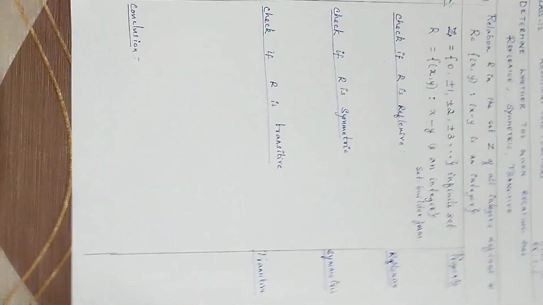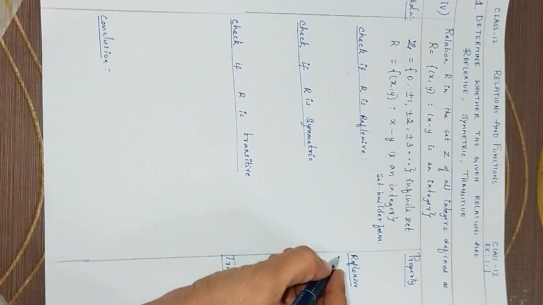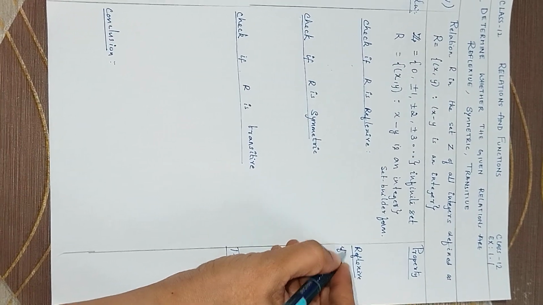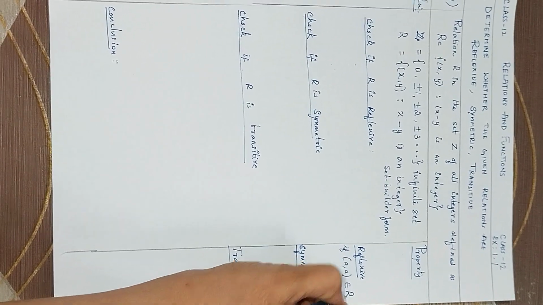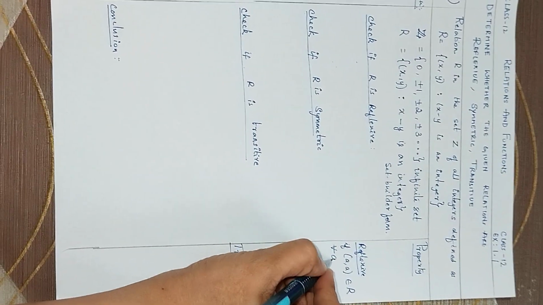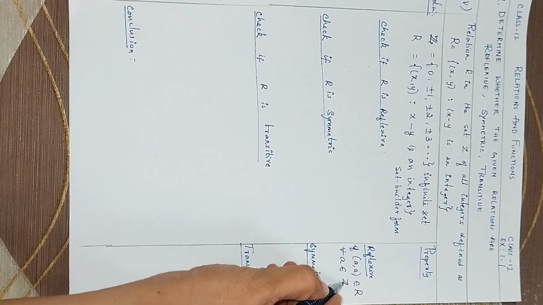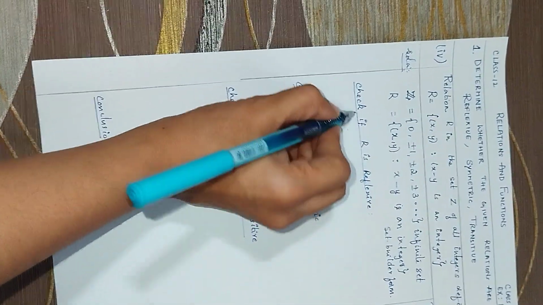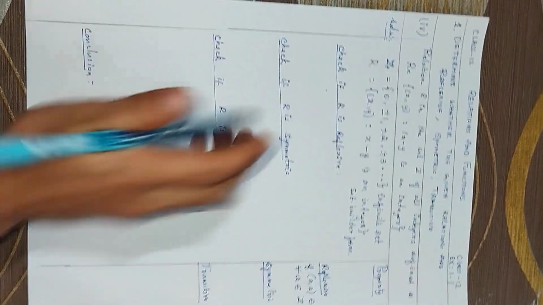Okay, so what is a reflexive relation? How do we define it? If A comma A belongs to R for all A belonging to, what is the given set here? Integers, right? Now here let us check if R is reflexive. So how to check if it is reflexive?